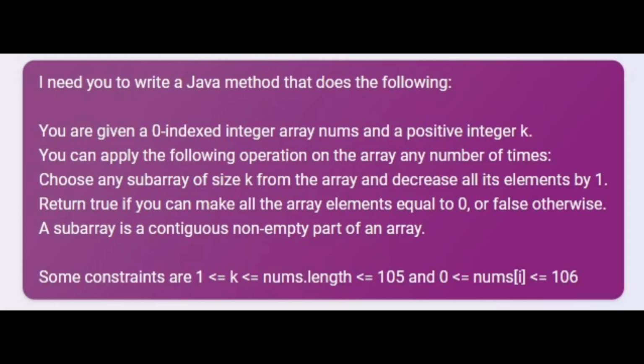Return true if you can make all the array elements equal to 0 or false otherwise. A subarray is a contiguous, non-empty part of an array. Some constraints are: 1 is less than or equal to k, which is less than or equal to nums.length, which is less than or equal to 10^5, and 0 is less than or equal to nums[i], which is less than or equal to 10^6.